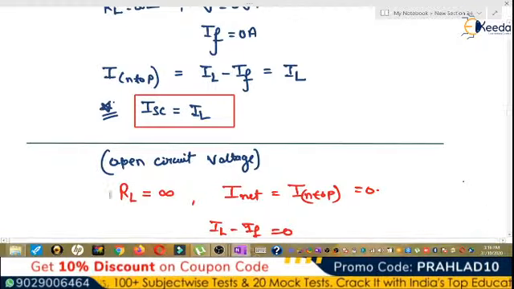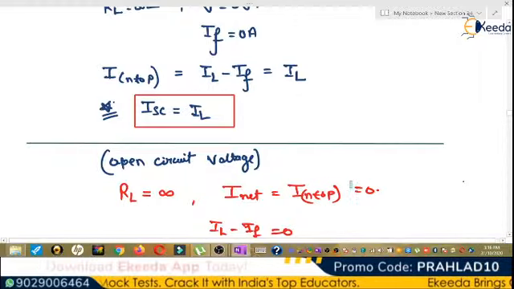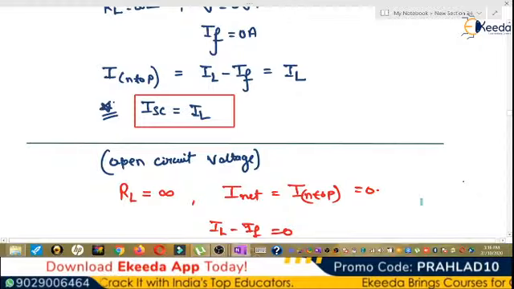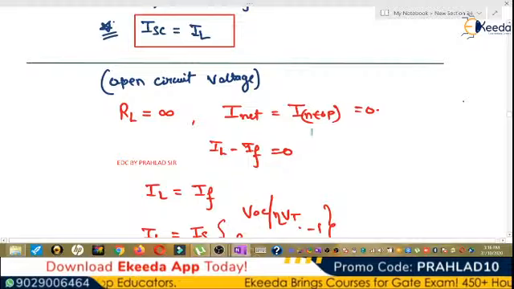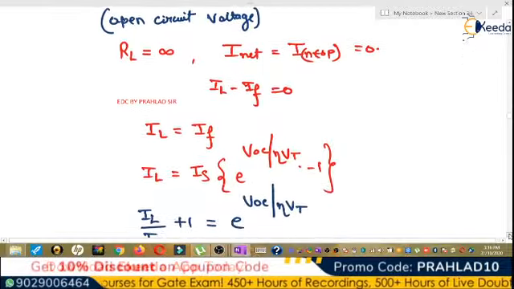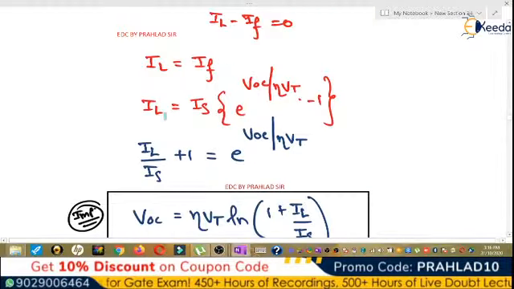So the short circuit current is IL. And what about the open circuit voltage when RL is infinite? The net current, which is N to P, is equal to 0 when there is an open circuited load. So IL minus IF is 0, so IL is equal to IF. IF is IS into e to the power Vd upon eta Vt minus 1, where Vd is VOC.